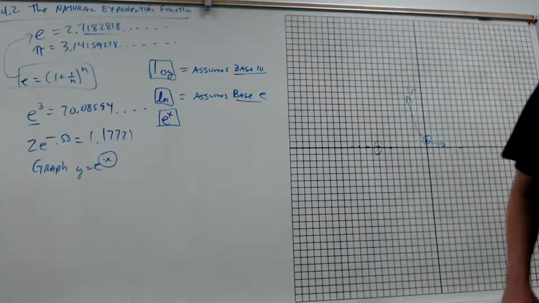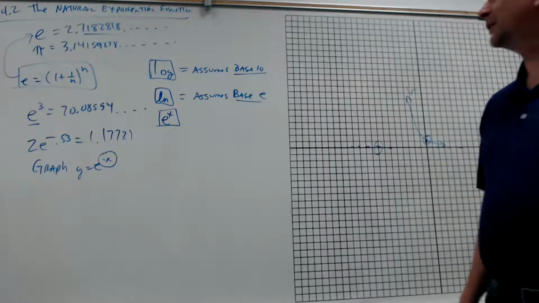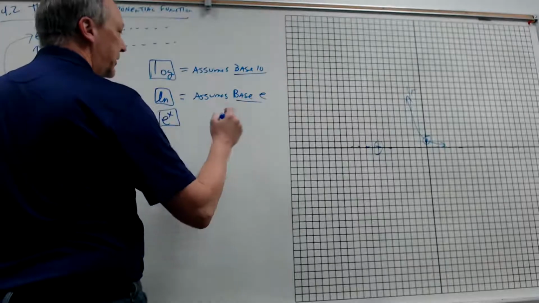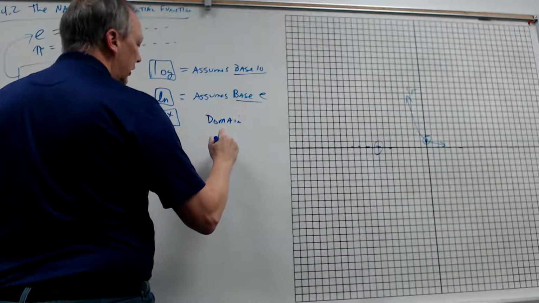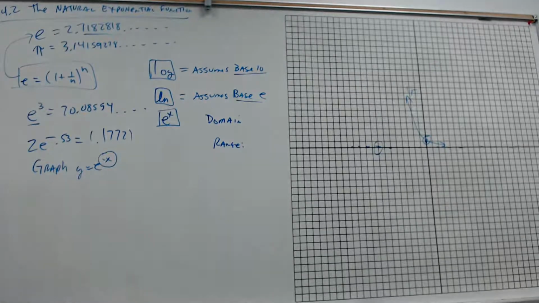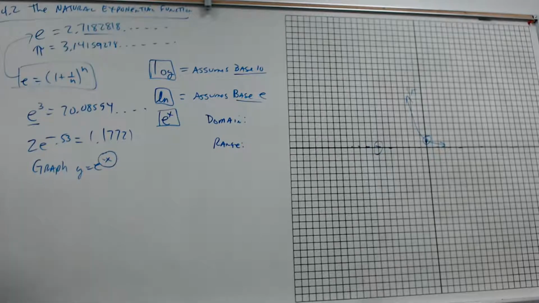All right? All right. So, okay, you know what? One thing that we didn't spend a lot of time on yesterday, but let's talk about that, especially since you can see the graph. What's the domain and the range? Let's pick on Eric. I'll let you pick which one you want to answer. Domain, positive infinity to negative infinity?